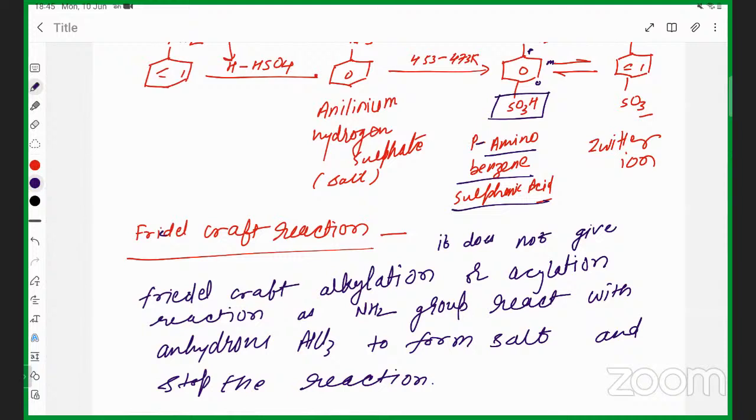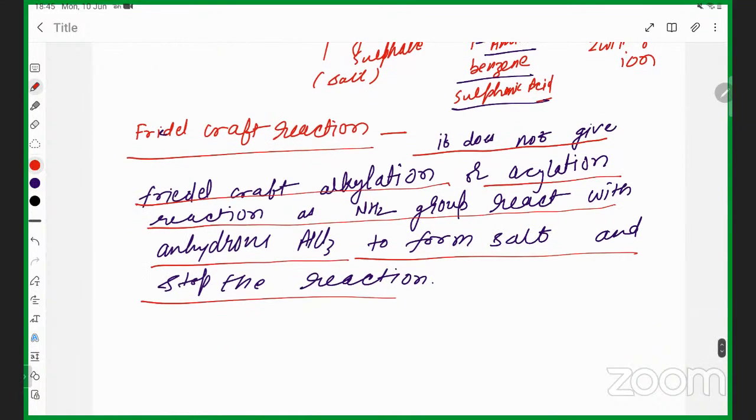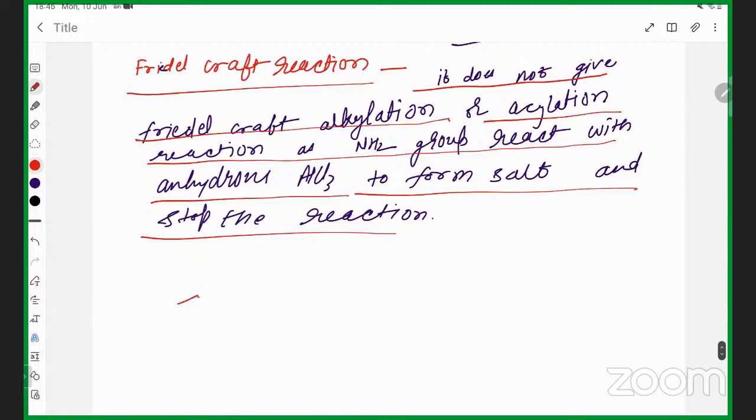They are saying it does not give Friedel-Crafts alkylation or acylation reaction, as the NH2 group reacts with anhydrous AlCl3 to form salt and stops the reaction. Here the NH2 group has a lone pair of electrons, and in the alkylation we use the catalyst, anhydrous AlCl3.